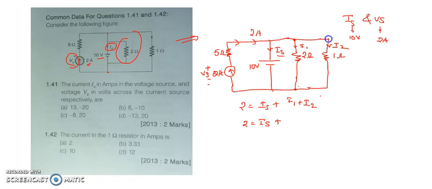That means the voltage across these terminals is 10 volts, and across this 1 ohm is also 10 volts. The current through the 2 ohm can be taken as voltage divided by resistance, plus similarly here also 10 volts divided by resistance. That implies 2 is equal to IS plus 10 by 2, which means 5, plus 10, is equal to 15, and my IS becomes equal to minus 13 amperes. So in this direction my IS is minus 13 amperes.